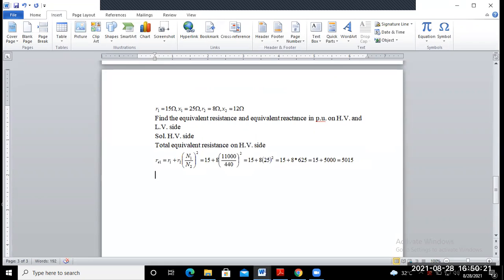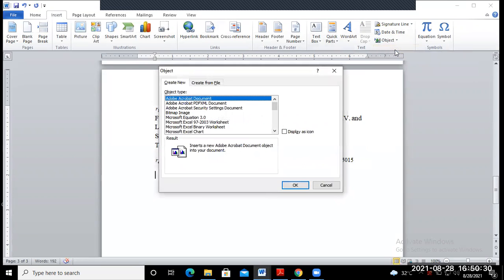Similarly, you may find out here XE1, that means equivalent leakage reactance on the high voltage side.